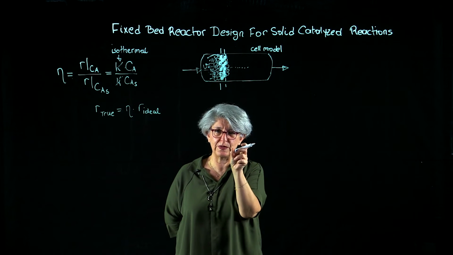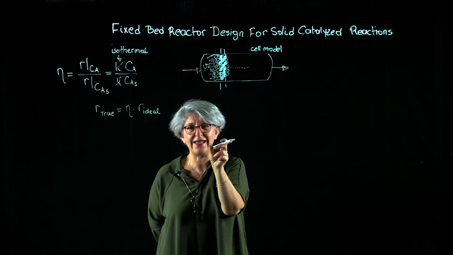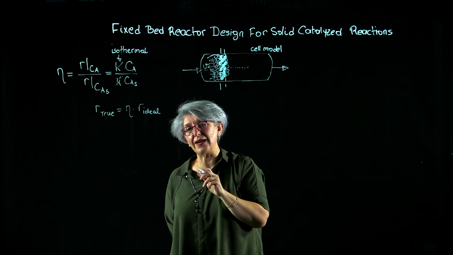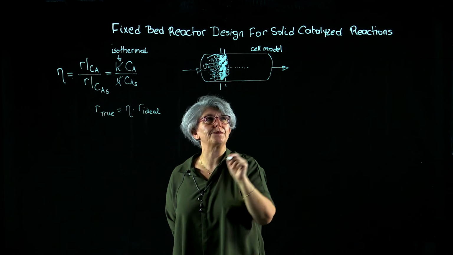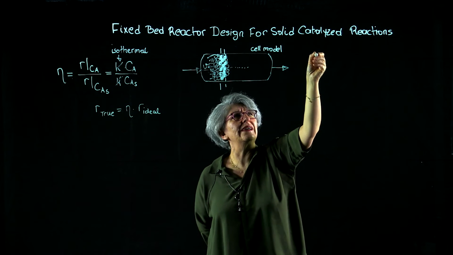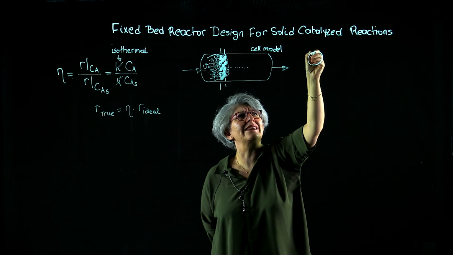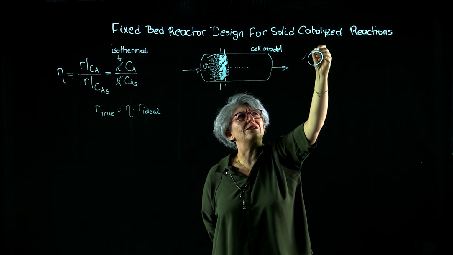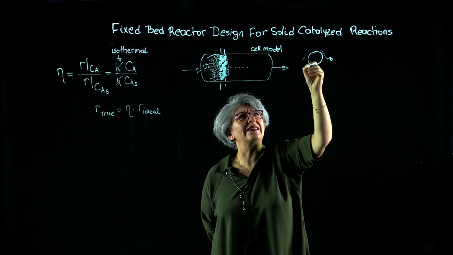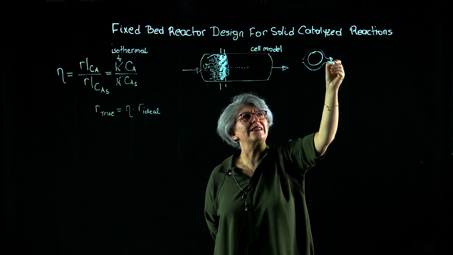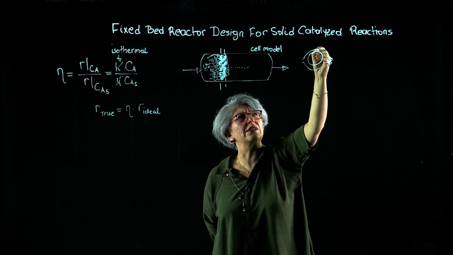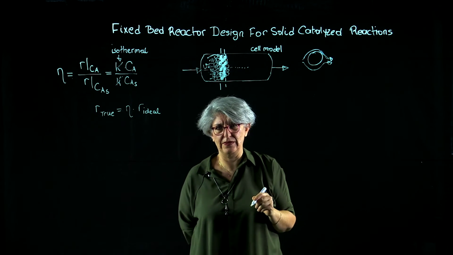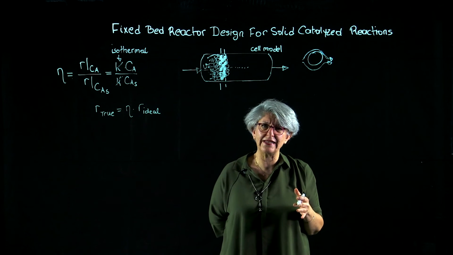So I'm going to consider that catalyst particle as a cell, and I'm going to model the behavior. Right? I have a cell. The cell is surrounded by a fluid, and I have a boundary layer.